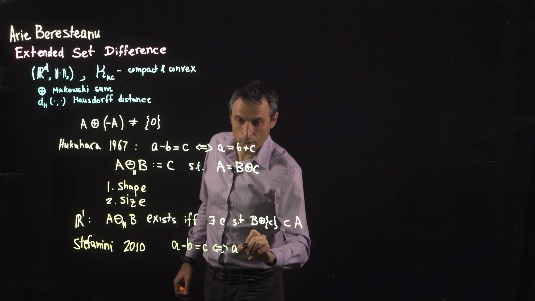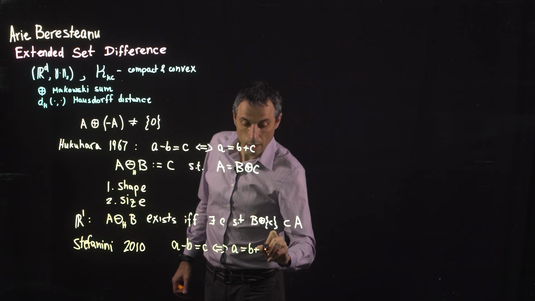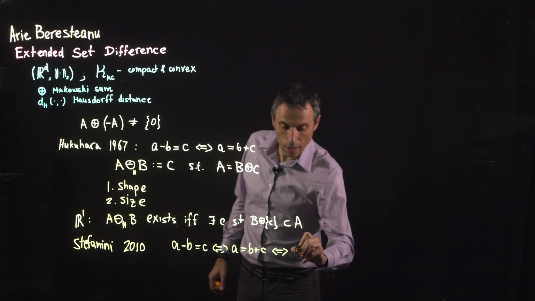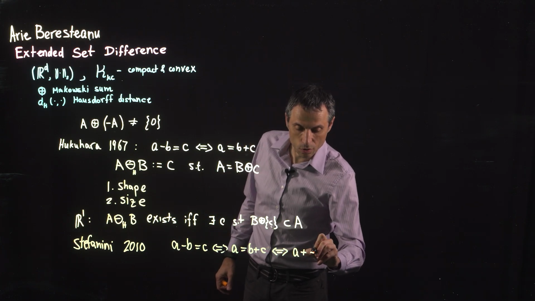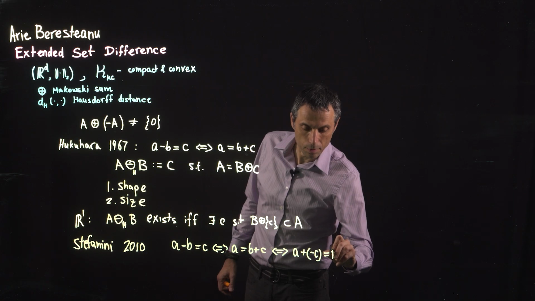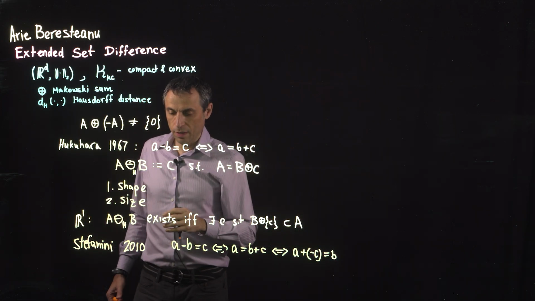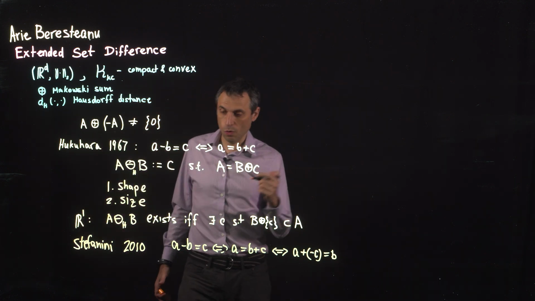to A plus the negation of C equal to B. Stefanini is calling it the generalized Okuhara difference.